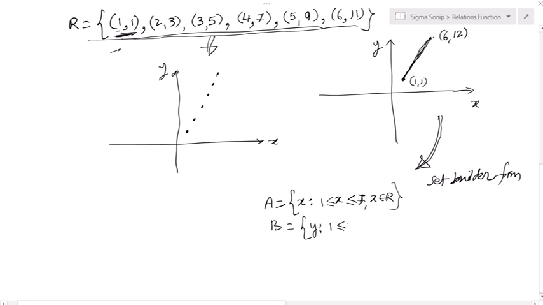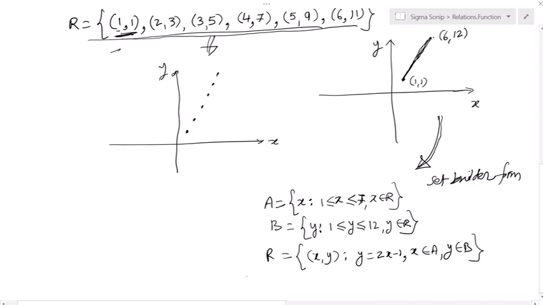So y ≥ 1 and y ≤ 12. Again, y is in R, and now I can define my relation R. I say R = {(x, y) such that y = 2x − 1, where x is coming from A and y belongs to B}.